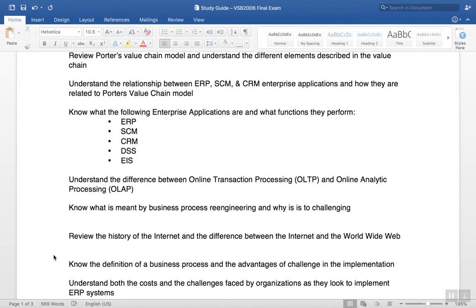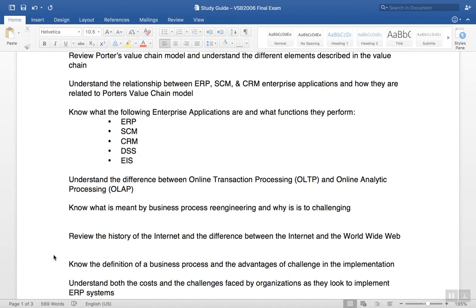I want to go back and review the difference between OLAP and OLTP. Online transaction processing is what ERP, SCM, and CRM systems do, specifically designed to execute transactions around business processes. Analytic OLAP is designed to analyze large amounts of data and do different types of analysis on that data.